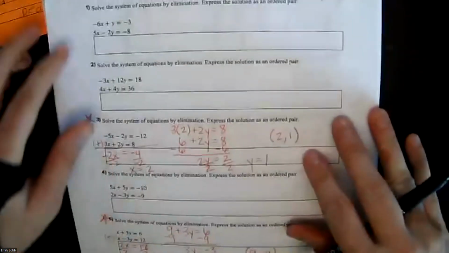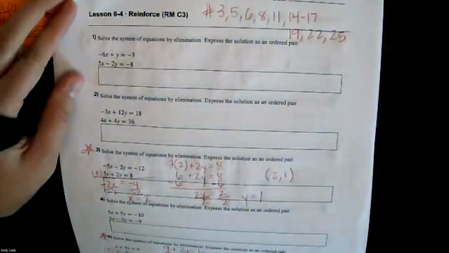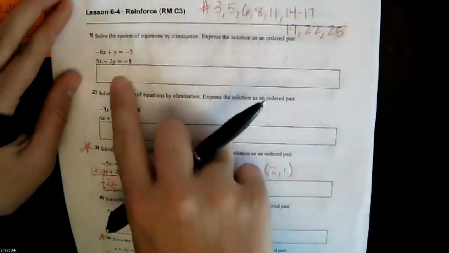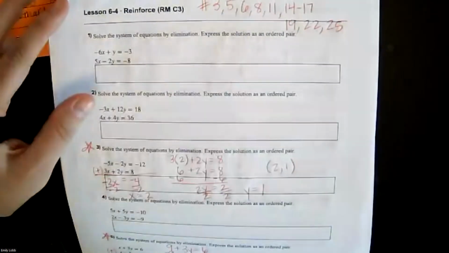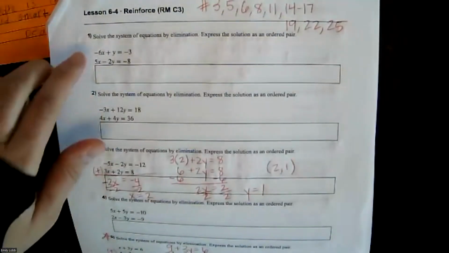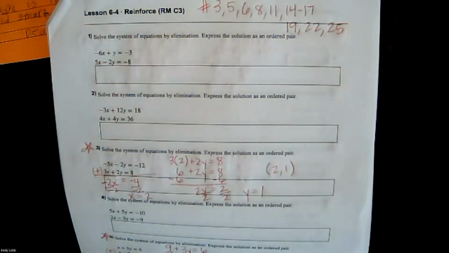6-4 starts here. Right away, we have to multiply by something. So I would have to multiply both of these if I was trying to get my x coefficients to match up. But what could I multiply by the top one to get it to be the opposite of my y?